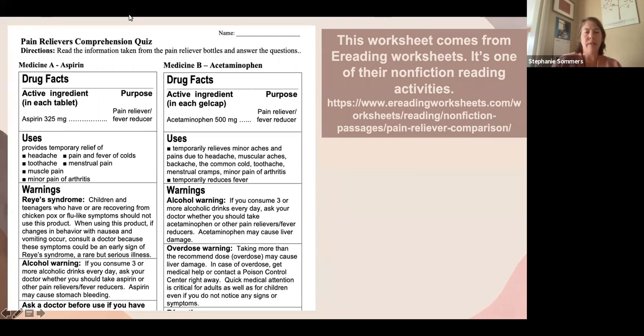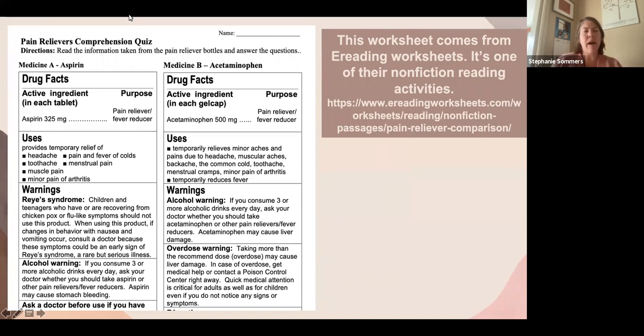I also put a PDF copy in the participant folder. This is comparing aspirin to acetaminophen. And I was thinking, there's all kinds of interesting stuff you could do with this just by giving it to your students and saying, which of these contains a higher level dose of the active ingredient, right?